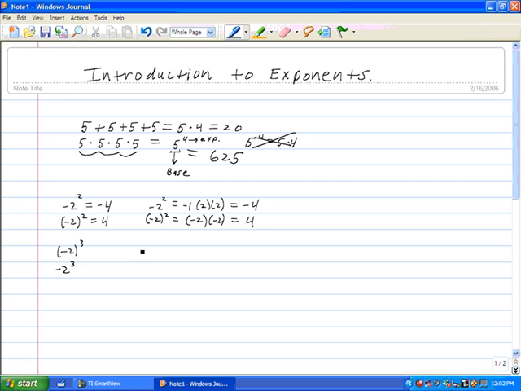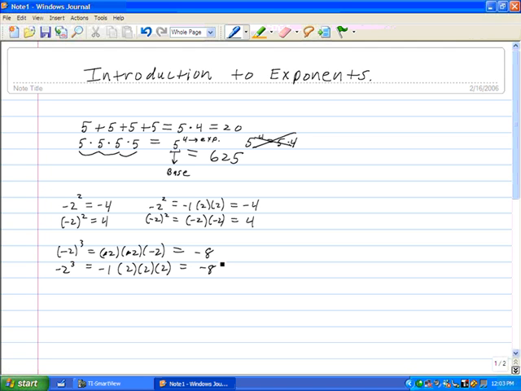The first example is negative 2 multiplied by itself 3 times. The first two negatives cancel each other out, and you get a negative 8 result because of the last negative. In this other example, you have a solitary negative, and then you have the 2 three times, but since there's only one negative, there are none to cancel.